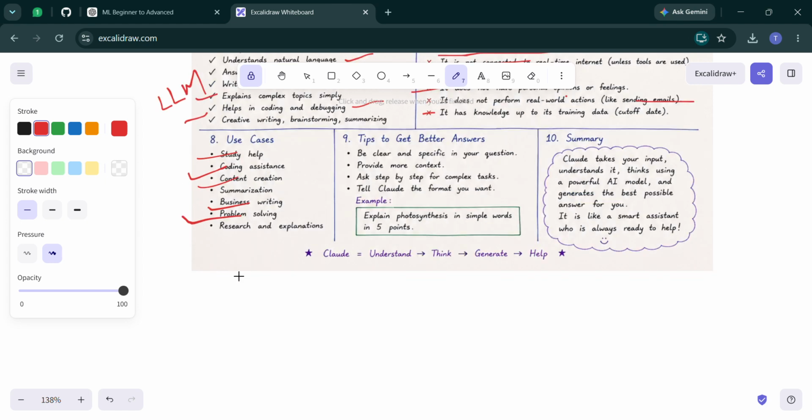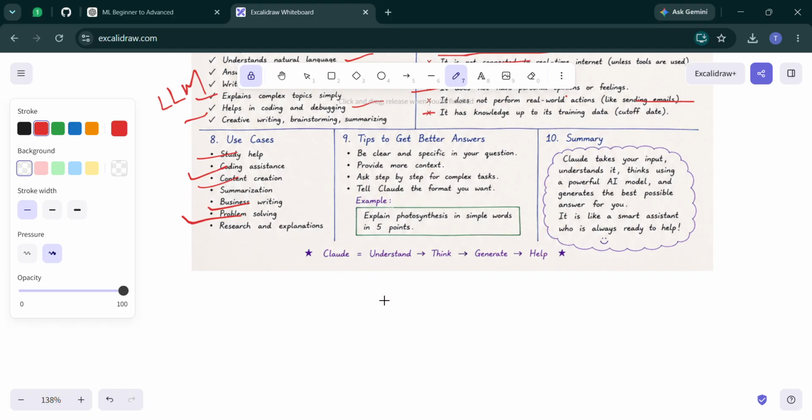Here are some tips to get better answers. Instead of asking "explain AI," ask "explain AI in simple English with real-life examples." This is how we can use Claude in a better way.